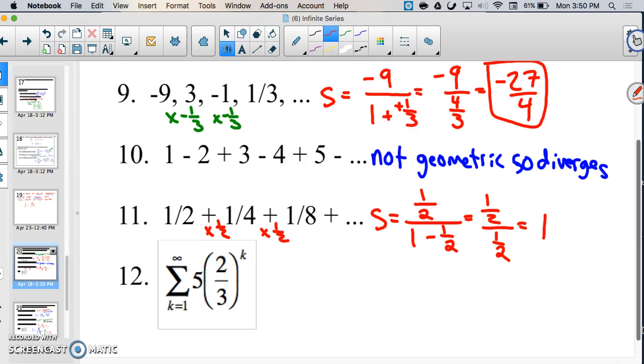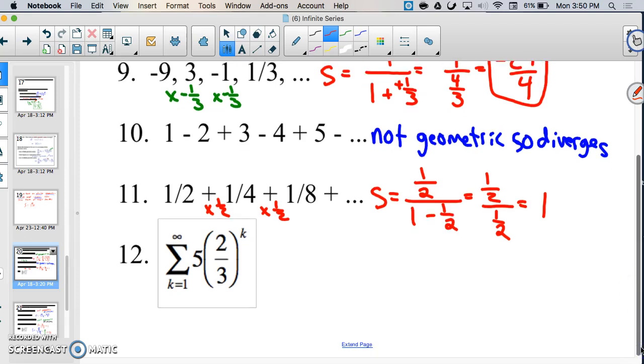And finally, in this situation, we know that this is our r. If we want to find what a1 is, we're starting at k is 1, so 5 times 2/3 to the 1. That's going to be 5 times 2/3, so that'll be 10 over 3.